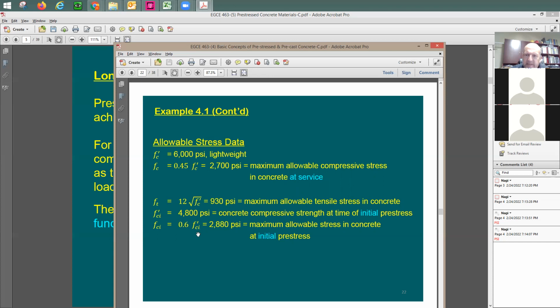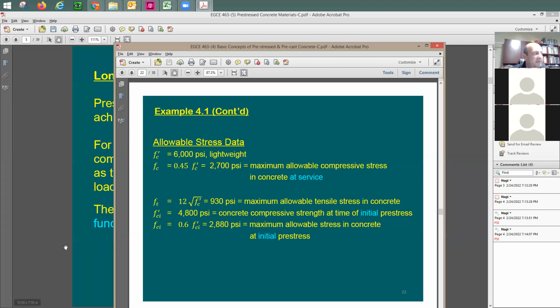F prime CI is the concrete strength at the time of the initial pre-stress. Let's say initial pre-stress is going to happen a week after you cast the concrete. It means that you need to figure out how much the concrete strength was after 7 days of casting.